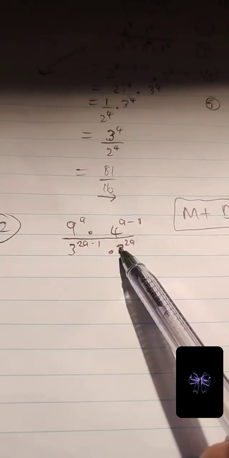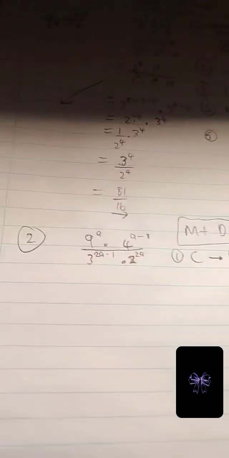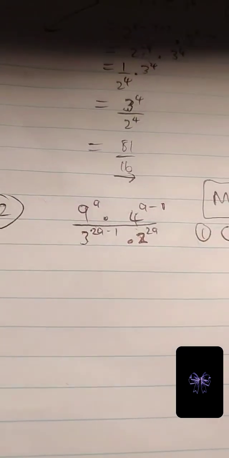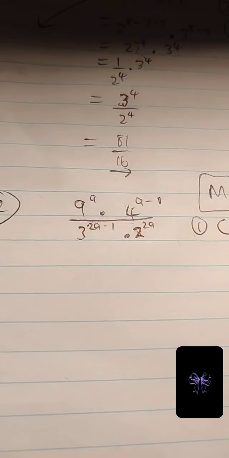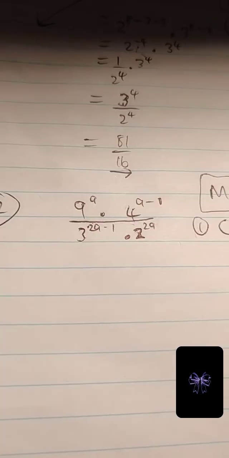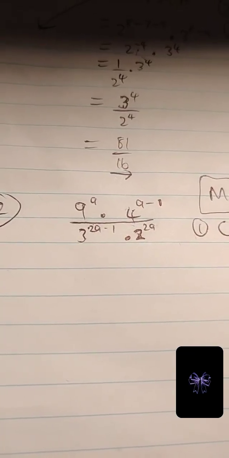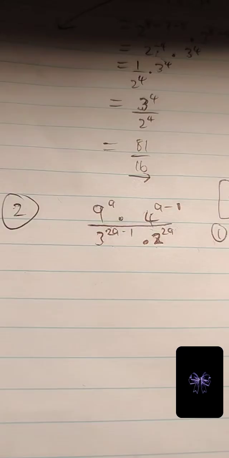But 9, 4, 3, 2. We make the bases into prime numbers. So CP, composite to prime, step number 1. You tell me, what do we do? This is 9, it's definitely not prime yet. 4, not prime yet. 3 is prime, 2 is also prime.